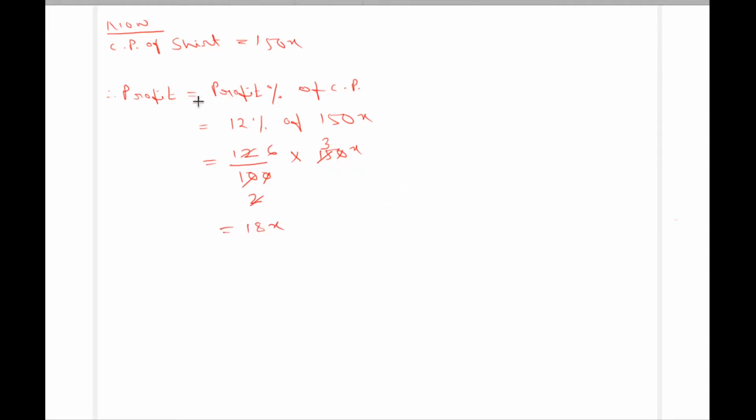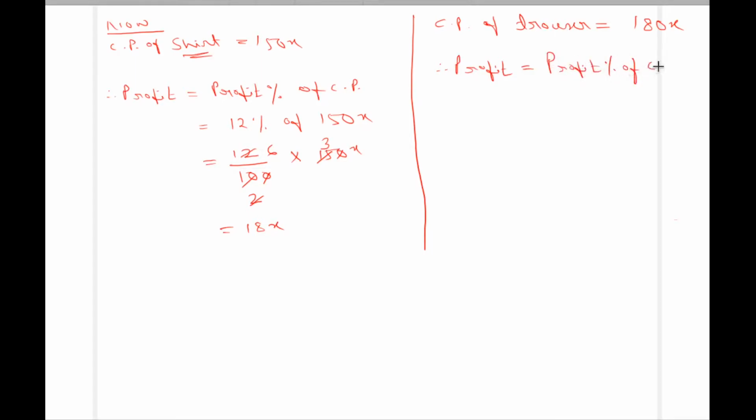Now this is for shirt. Now cost price of trouser is 180x. Therefore profit equals profit percent of cost price.